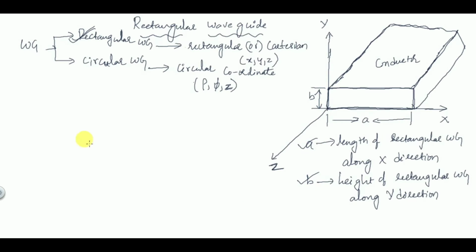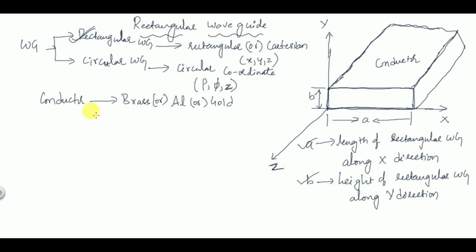This total waveguide consists of a single conductor material. The conductor is made of brass or aluminium or gold.